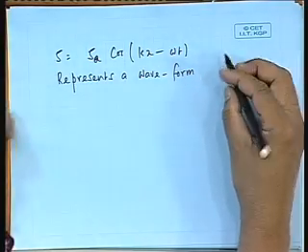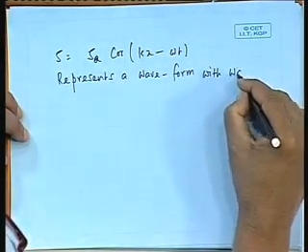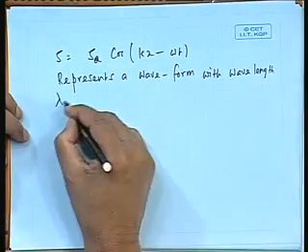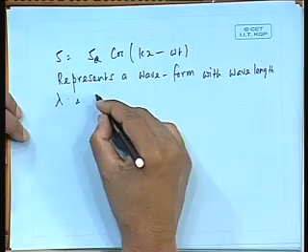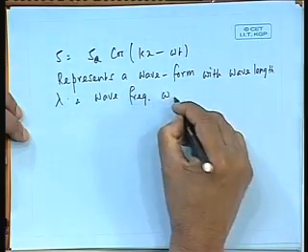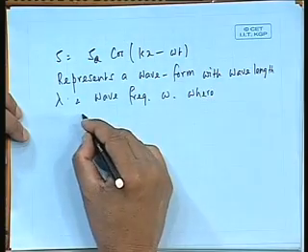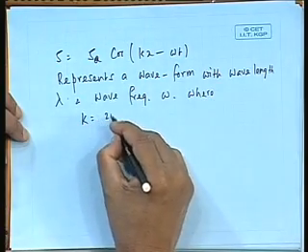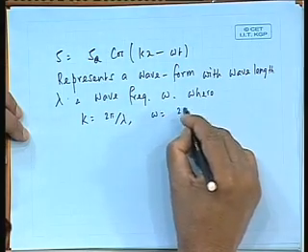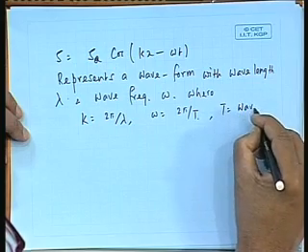This is a waveform with frequency omega, where k equal to 2 pi by lambda and omega equal to 2 pi by T, T equal to wave period.